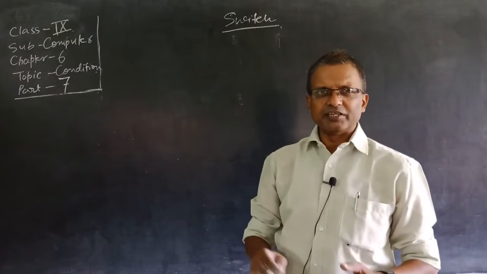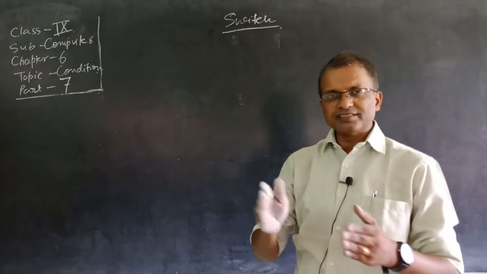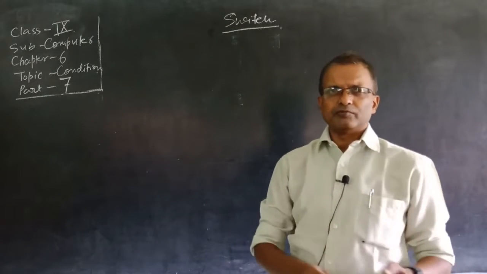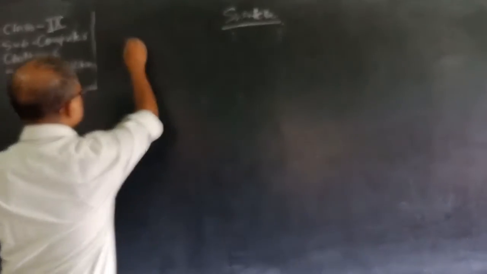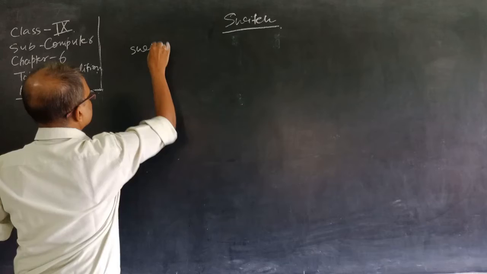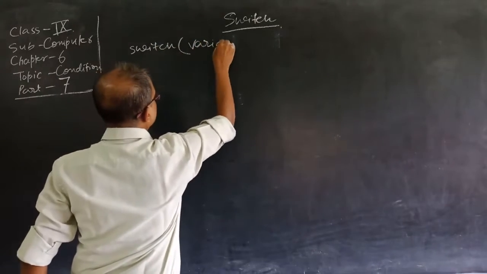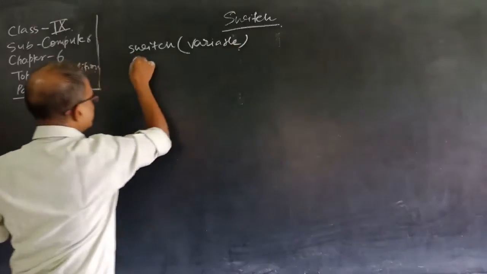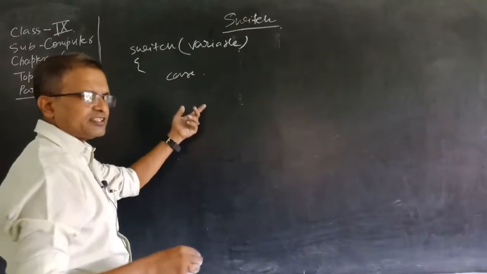But there are some limitations. First of all, we'll see the general structure of switch, and then we'll see the limitations and then programs. Getting my point? So let's start. How is the switch started? First of all, write switch, and inside it we have to use a variable. Inside it, case. We have to give different cases.